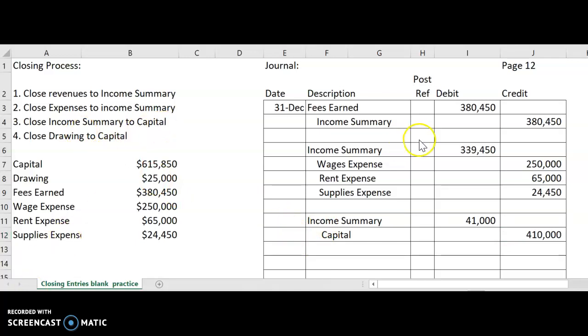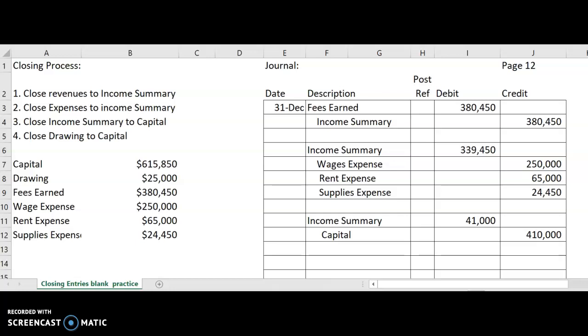Alright, let's stop and make sure that this is making sense. Let's think about what happened. We are putting net income into capital. And a credit increases capital, so net income is making our capital go up. And that is exactly what it should do.